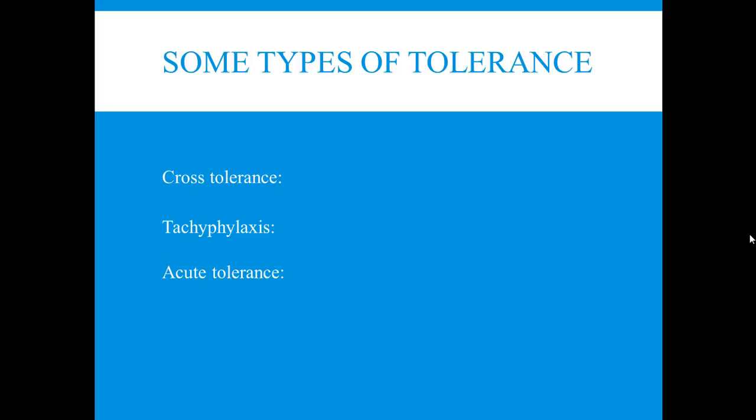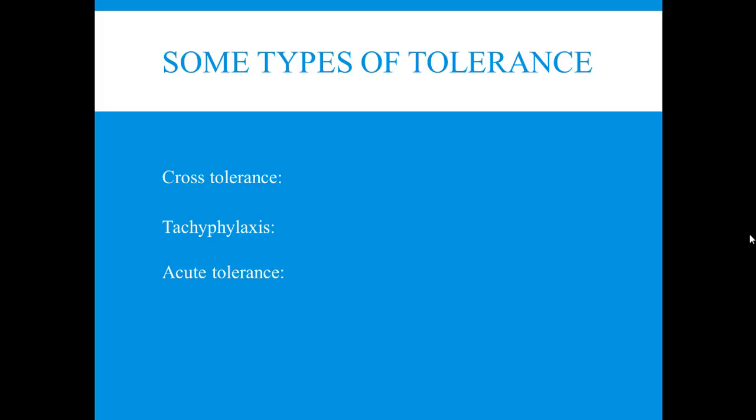Whenever we talk about cross tolerance, we are generally talking about two or more drugs that are in the same class. For example, painkillers or stimulants. I'm making that point to be sure you understand we're not comparing apples and oranges.